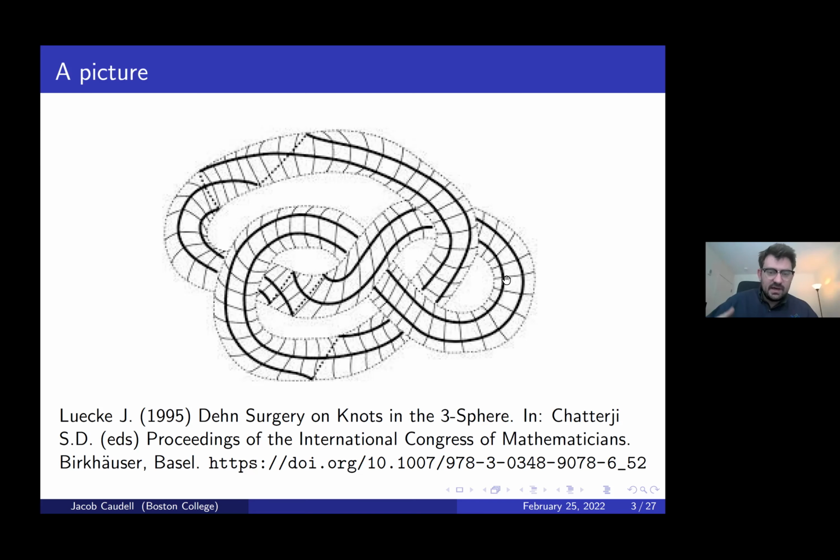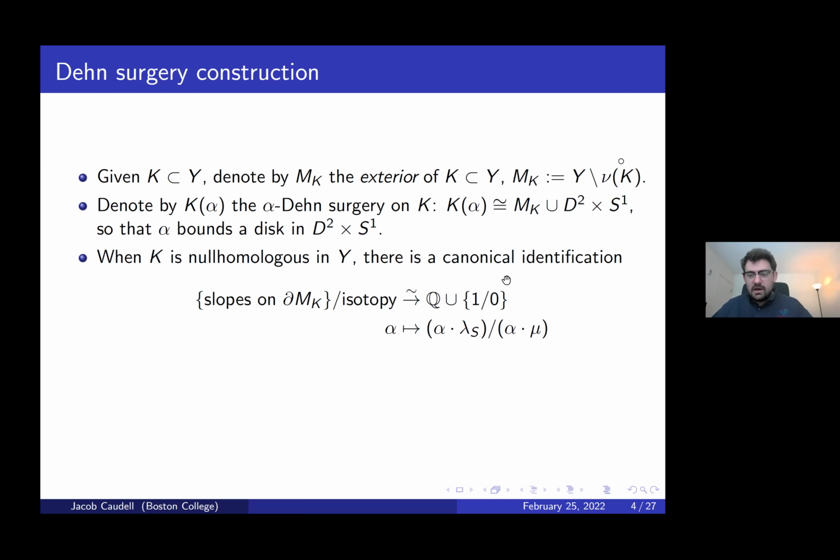And this identification is given by, you take the closed curve alpha, and then you send it to the fraction: the algebraic intersection number of alpha with the Seifert longitude, divided by the algebraic intersection number of alpha with the meridian of the knot.